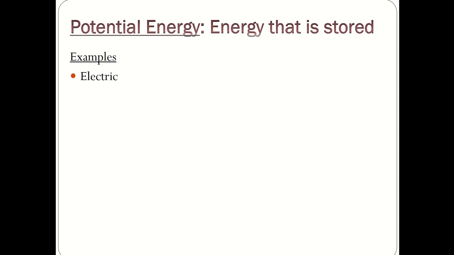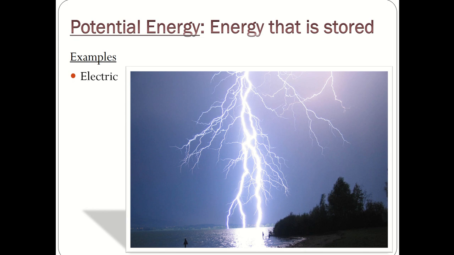Another way you can store energy is through a static charge. An example of this would be when you see a lightning strike the ground or a tree or something like that. Basically what happens there is that the clouds accumulate a static charge, and at some point they'll release it and it goes down straight to the closest grounded point.